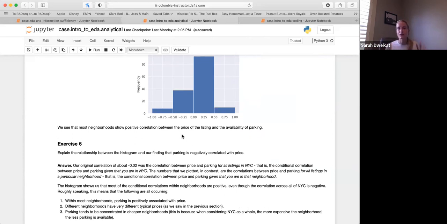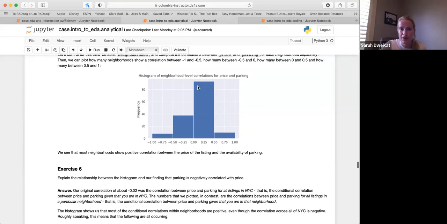So it's all about the number of listings. Here, we're just breaking down this histogram into the number of neighborhoods. When we see this frequency, there are about 90 neighborhoods that have positive correlation, and approximately 40 neighborhoods that have this slightly negative correlation.